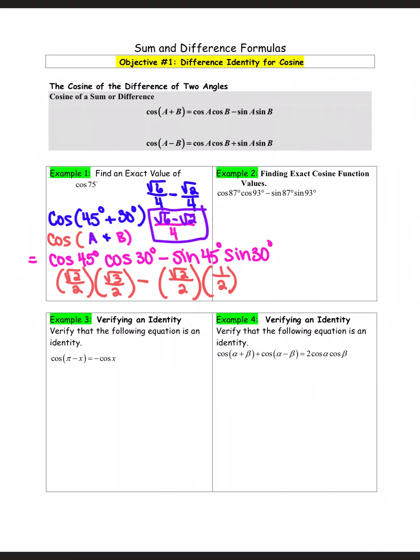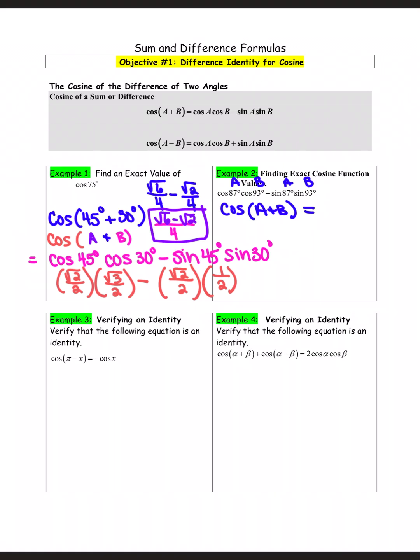Example 2, we have cosine of 87 times cosine of 93 minus sine of 87 times sine of 93. Well, notice that follows along with the cosine of A plus B formula. Here A is 87 and B is 93.